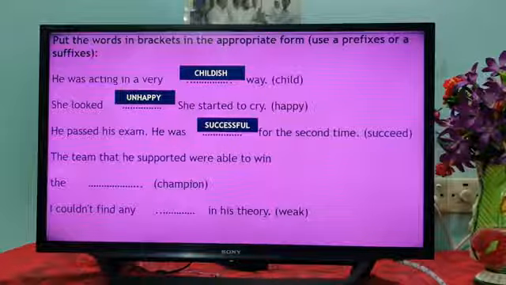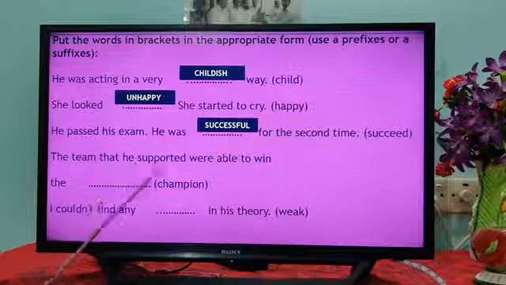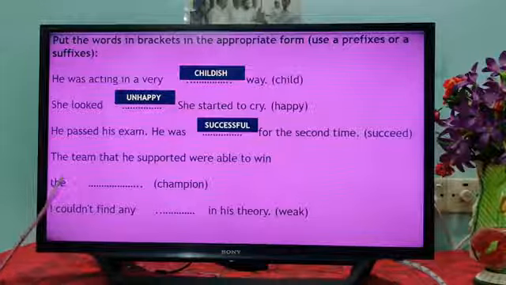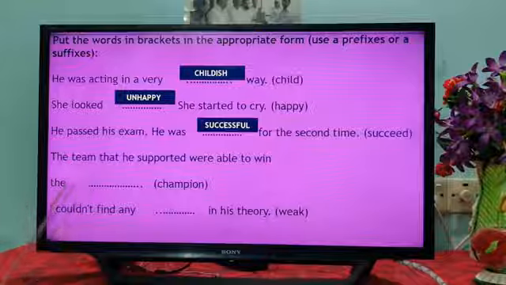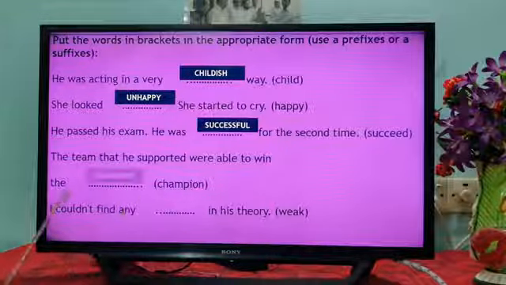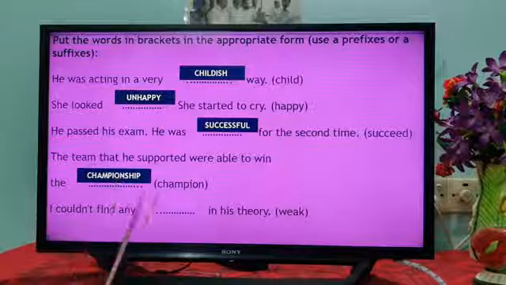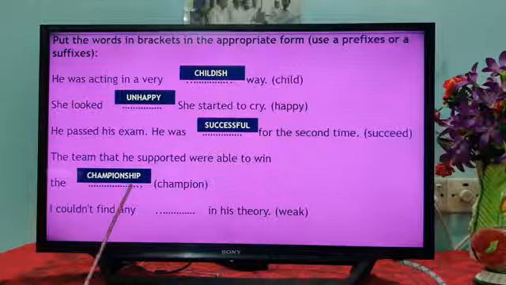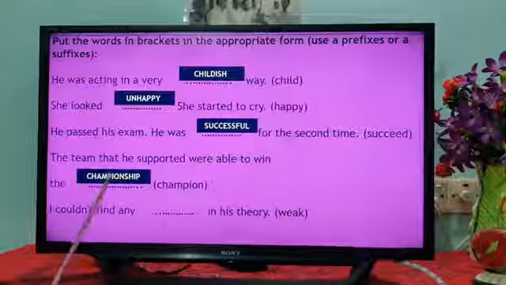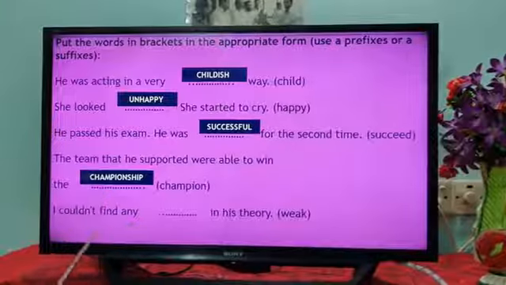The team that he supported were able to win the dash. After the article, what do you put? Do you know? Championship, a noun. Ship is a suffix, and ship is used with a root word to make it a noun.